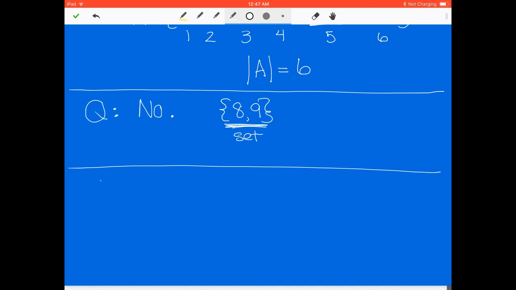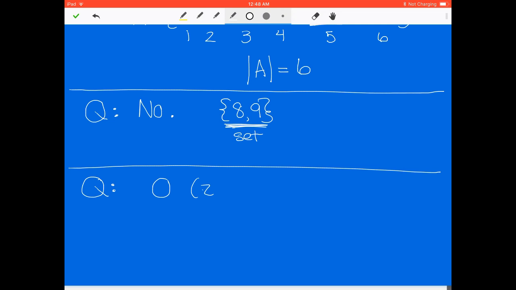Next question. How many elements are within an empty set? And how do we show this in set notation? So how many elements are within an empty set? There are 0.